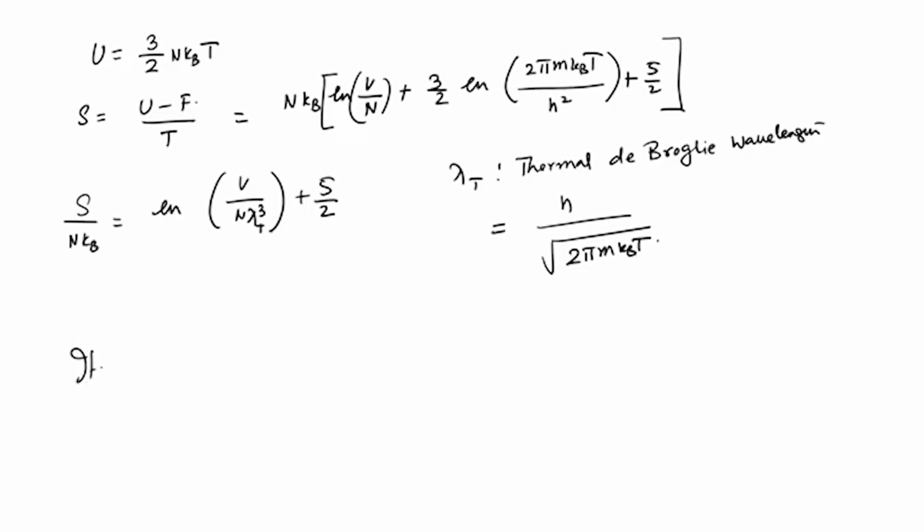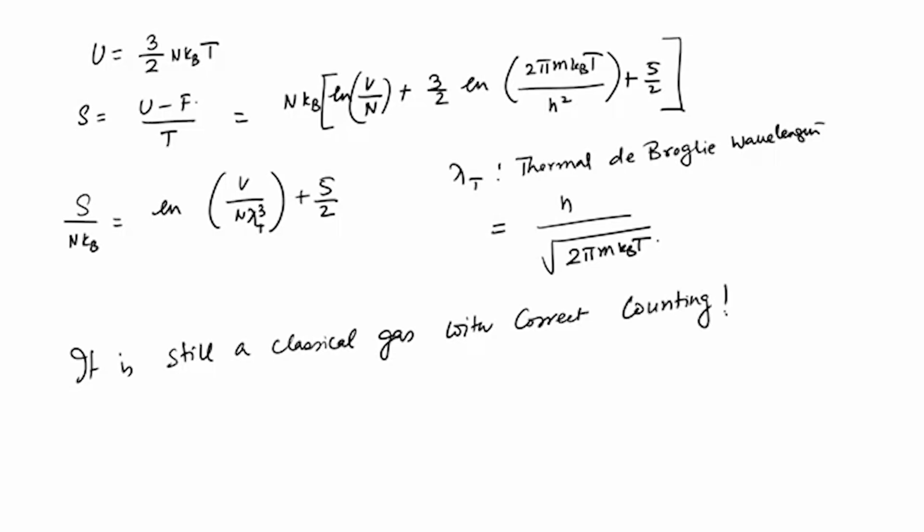So, I write that because it is an important comment. And I told you what this correct counting means, that is, to exclude the overcounting of states due to the exchange of particles.